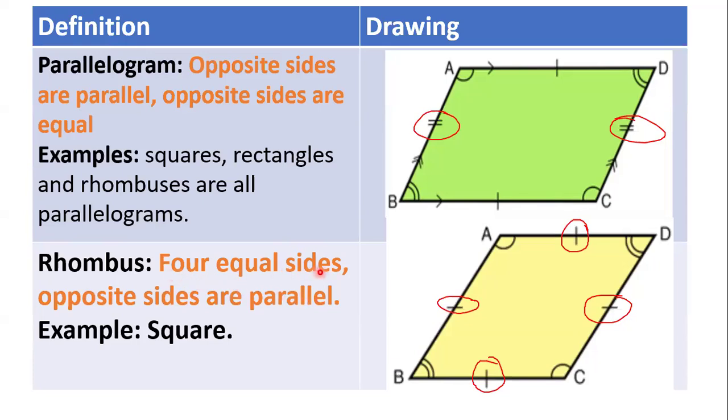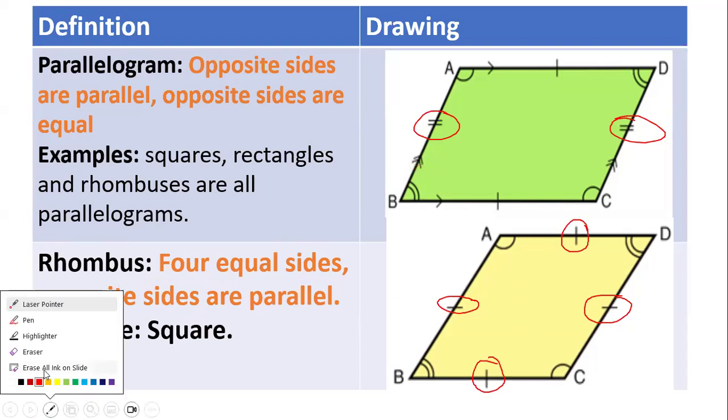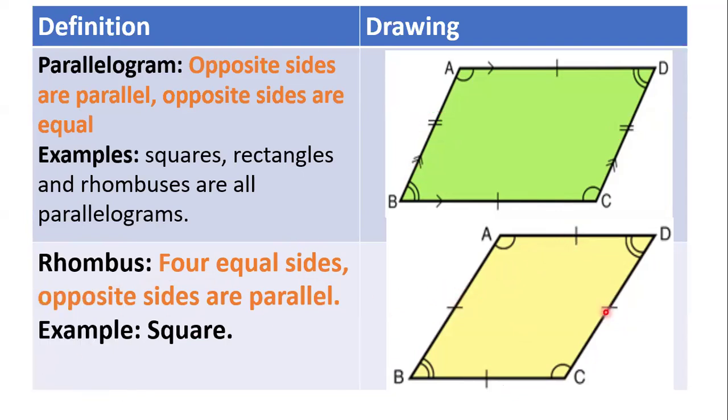Does a square have all equal sides? Yes, sir. Does a square have opposite sides that are parallel? Yes, sir. So a square is a rhombus. But a square is not the only type of rhombus. For example, we see this rhombus that doesn't even look like a square. It looks slanted, but the fact is all sides are equal, so it's a rhombus.